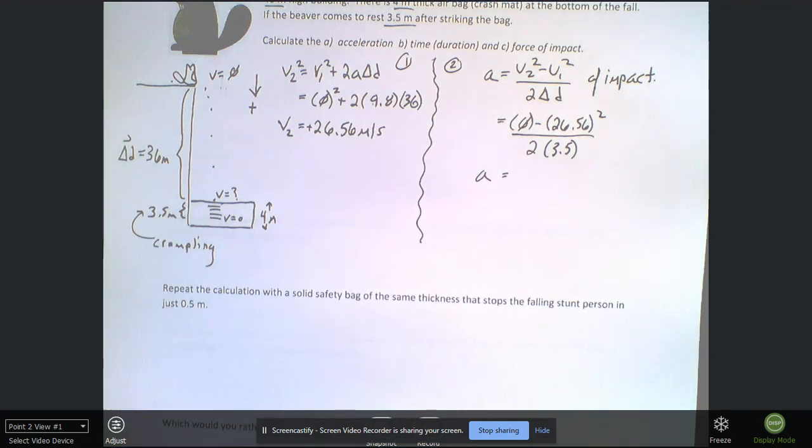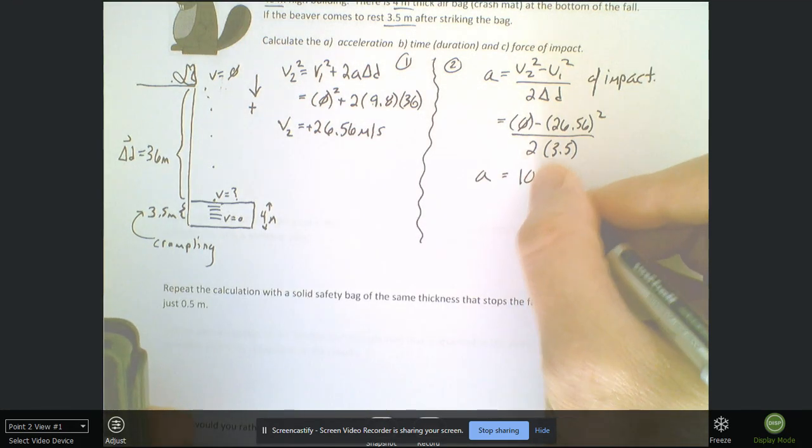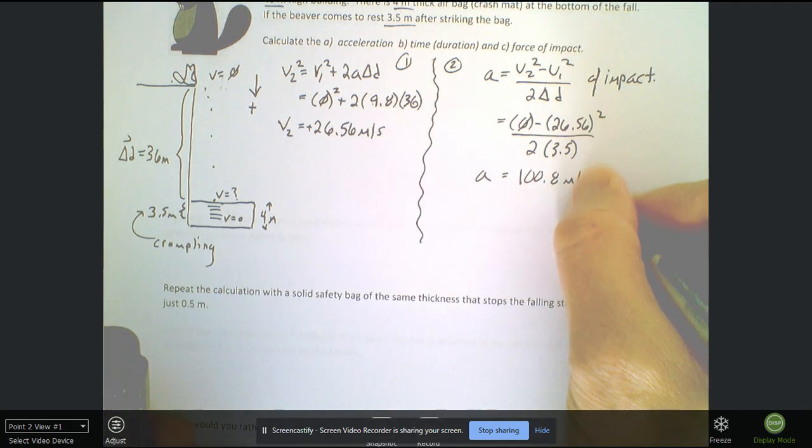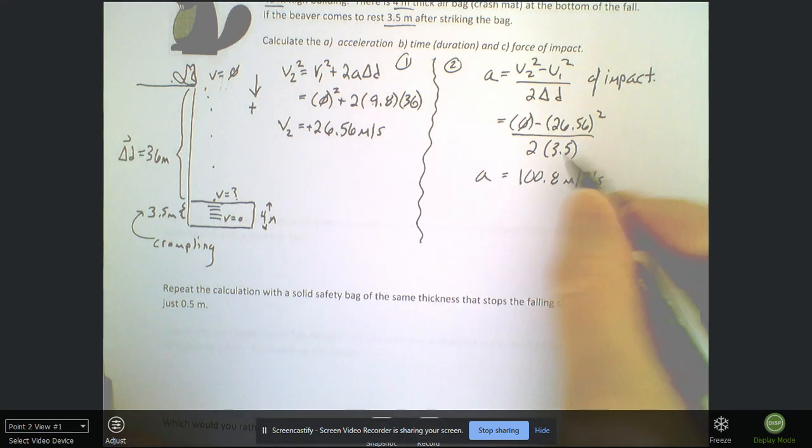So our acceleration is going to be negative because he's accelerating upward and moving downward, which means he's slowing down. 26.56 squared divided by 2 divided by 3.5 is 100.8 meters per second squared negative.